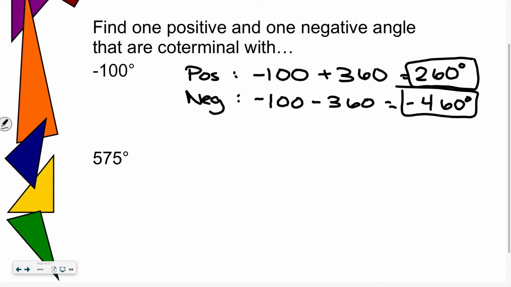Now, 575 is going to be a good example. What would you do to get a positive coterminal angle? Okay, you could do one or the other, right? On this one, I heard Elise first. She said subtract 360. If I subtract 360 from 575, isn't that still going to be positive? Yeah. So what does that give me? 215.